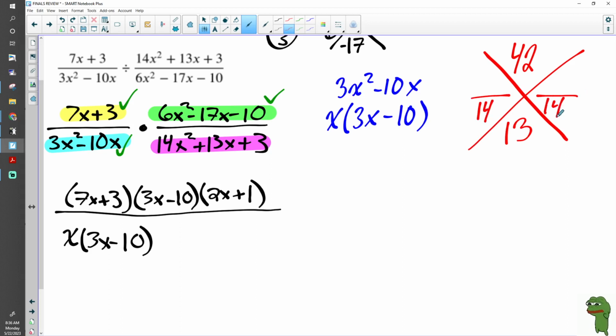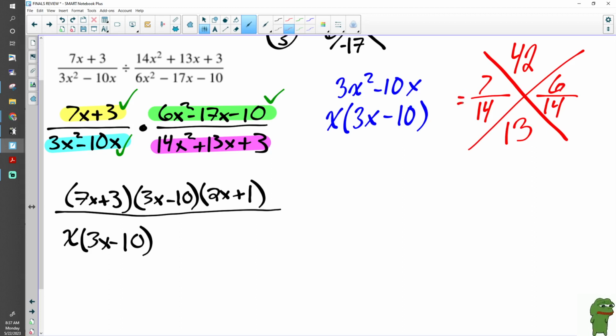Don't forget to do that. And we're looking for two numbers that multiply to 42 and add up to 13. Which I believe has to be 7 and 6. 7 times 6 is 42. Those add up to 13.